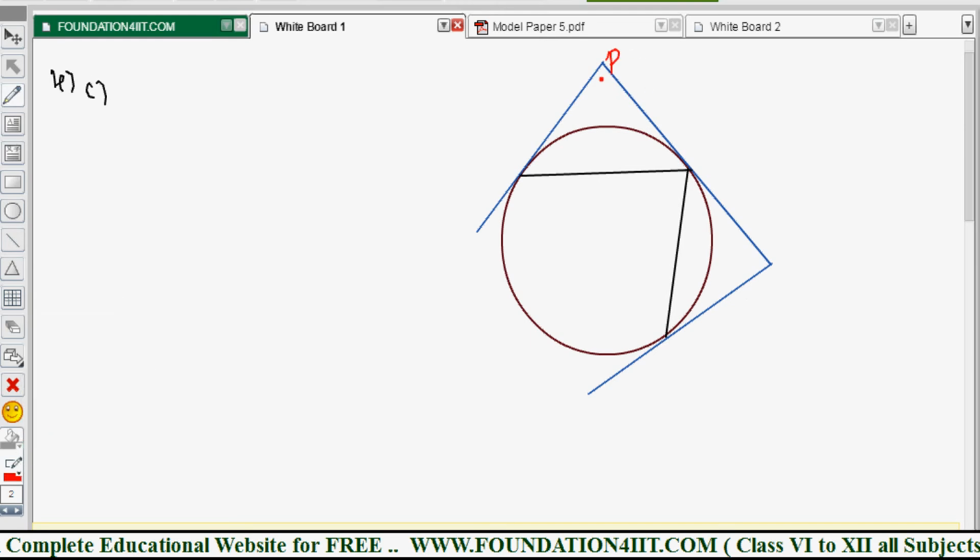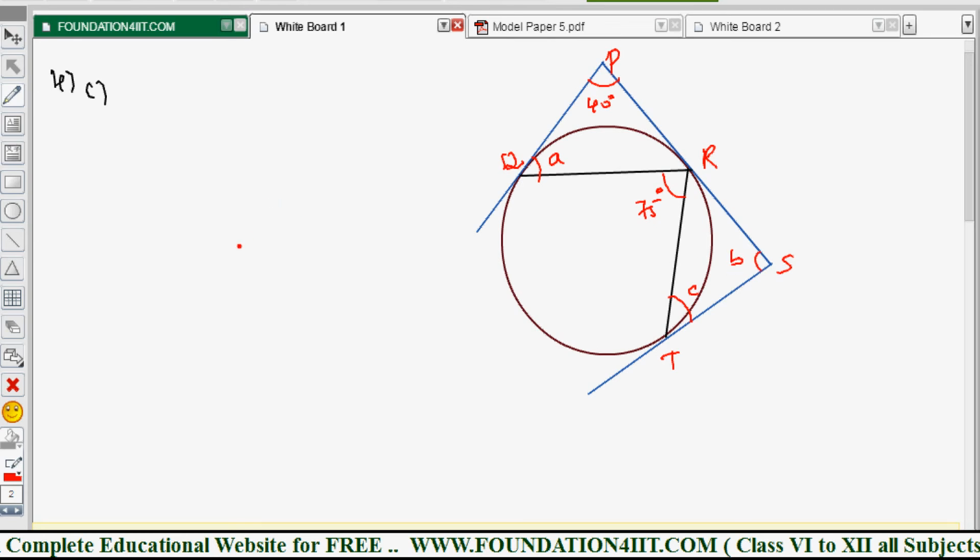So this is P, Q, R, S, T. According to the given diagram from the question, this is A. This angle is 40 degrees, this complete angle is 75 degrees, and this value is C, and this is B. We need to find them one by one.